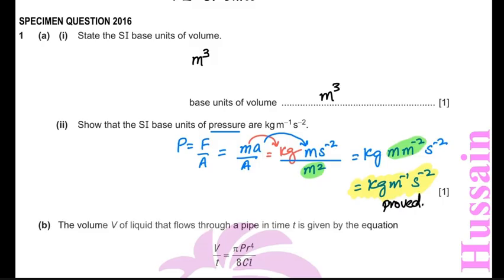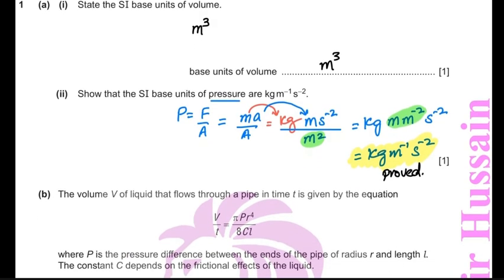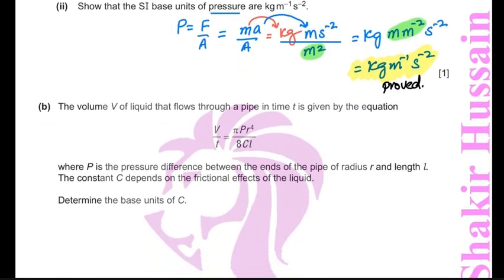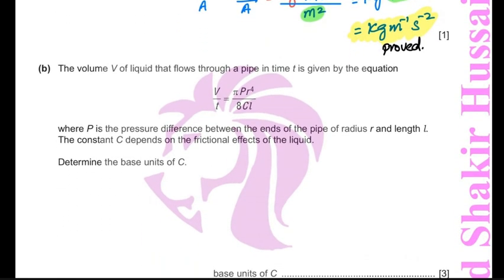Now the next question is: the volume V of liquid that flows through a pipe in time t is given by this equation. V upon t equals pi by 8, P r power 4 upon C L. P is the pressure. Remember, you need to read it very carefully.